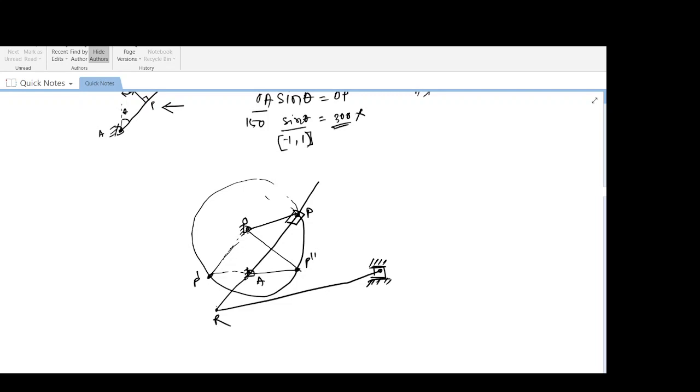So in the Whitworth quick return mechanism, we just need to solve this triangle, and we are good to go. Here this angle is alpha and this is beta.